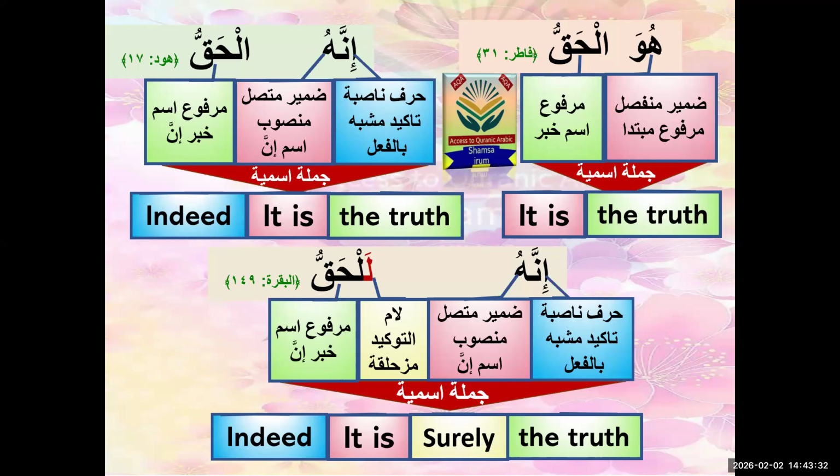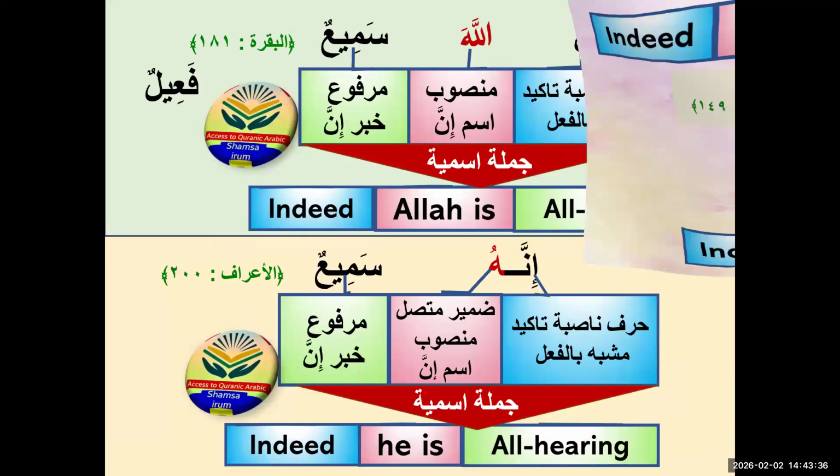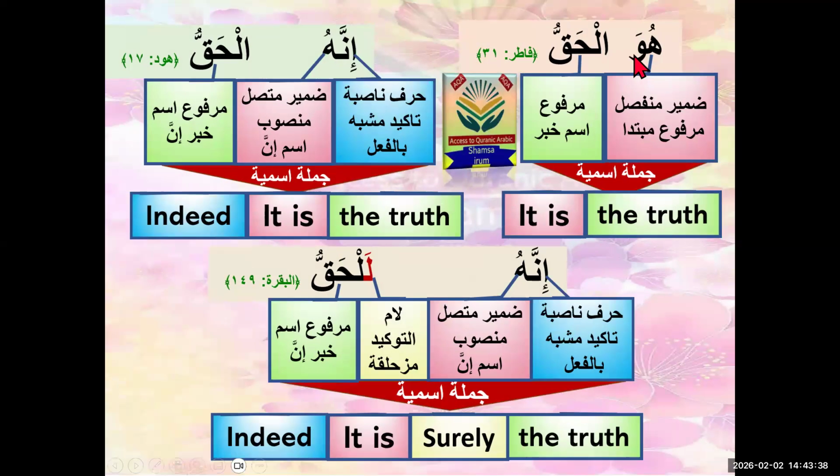Look at the same thing, I will go back: huwal haq, innahul haq, innahu lal haq. So the Quran teaches you everything about Arabic grammar. Believe me, Quran is so nice. According to Arabic grammar, it's so easy if you learn from Quran.